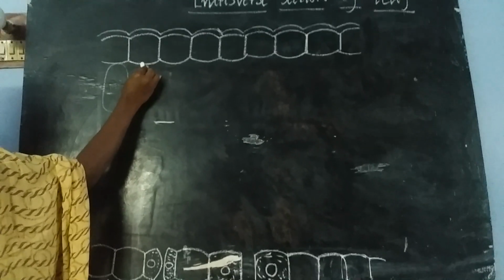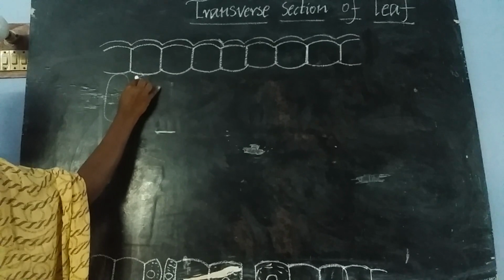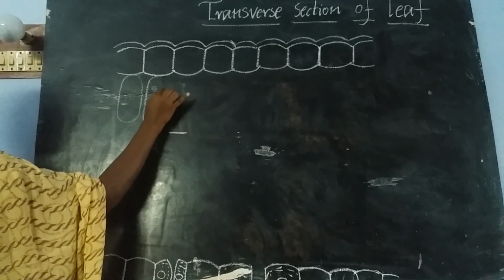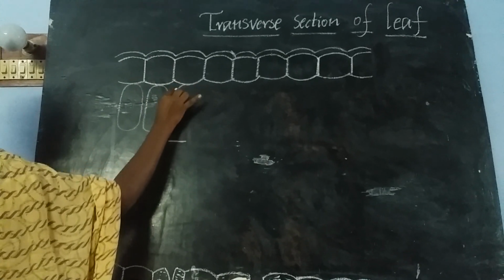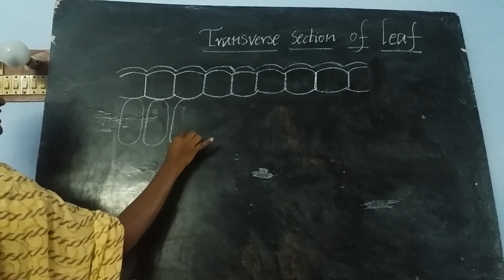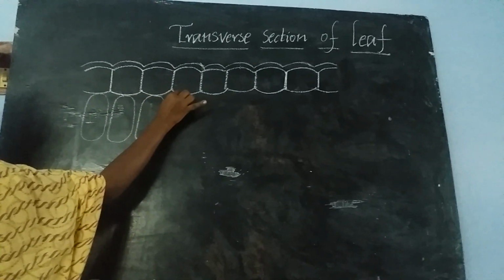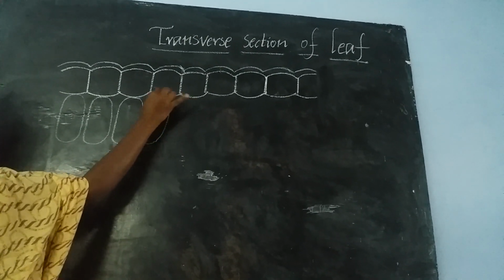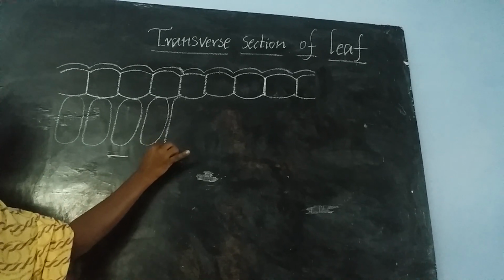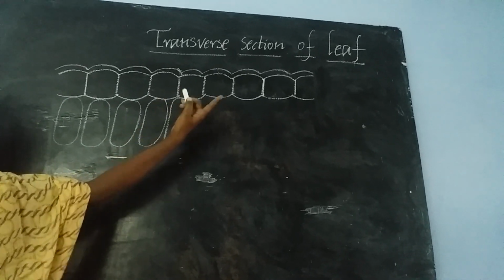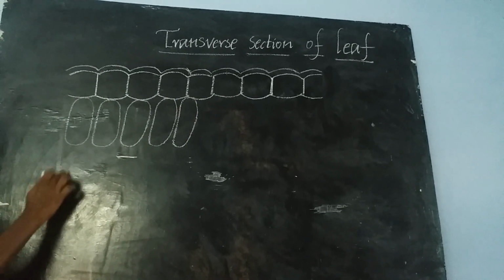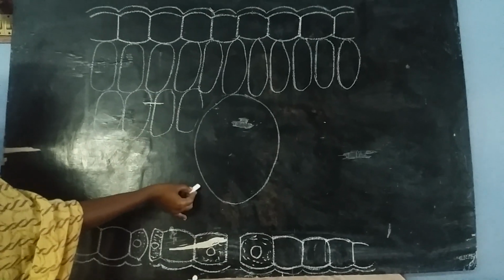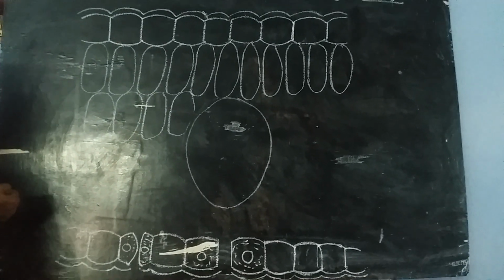Now I am drawing elongated cells which are called palisade parenchyma. Palisade parenchyma, elongated structures. Like this you have to draw up to the last, and another line also. In the middle you draw an ovule structure.